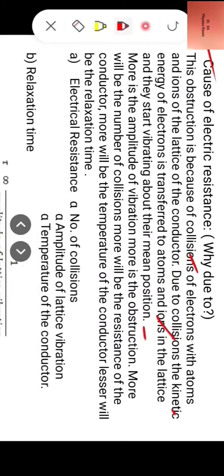More is the amplitude of vibration, more is the obstruction. More will be the number of collisions. More will be resistance of the conductor. More will be temperature of the conductor. Lesser will be the relaxation time.